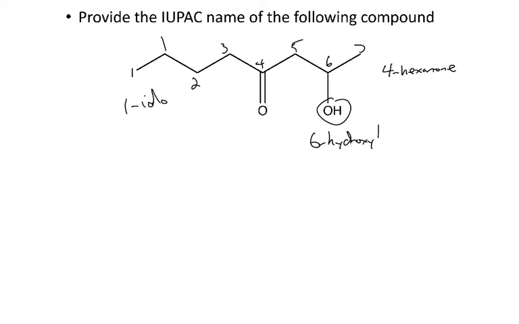And so putting everything in alphabetical order, I have 6-hydroxy, 1-iodo, 4-hexanone. And again, I do have 1 chiral carbon, but because they didn't indicate the stereochemistry, I can't give the stereo descriptor. And so this is what we would do for the final name.